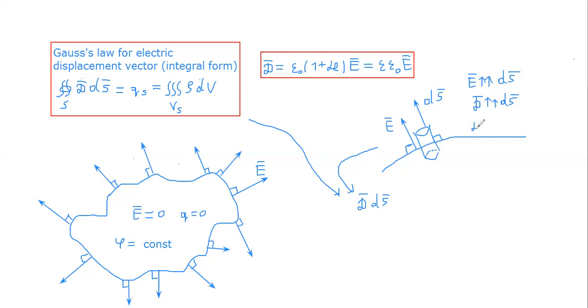So D ds is equal to D ds cosine 0, and this is equal to D ds.